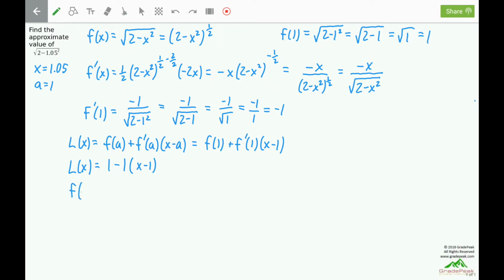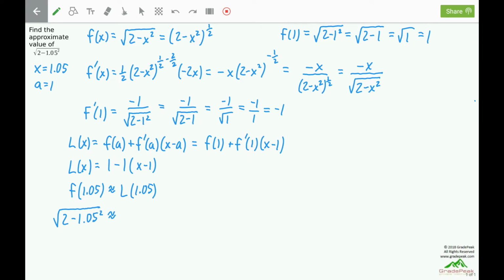f of 1.05 can be approximated by L of 1.05. f of 1.05 will be f of x replaced with 1.05, so that comes out to the square root of 2 minus 1.05 squared.